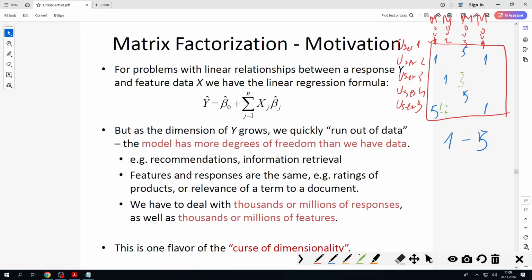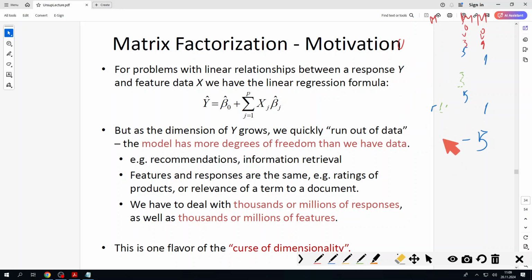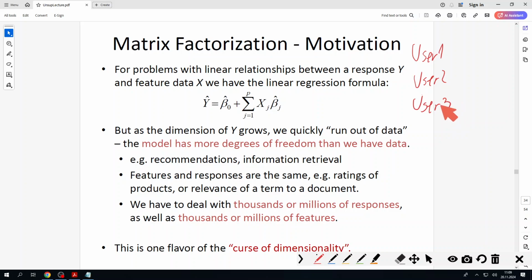Now, this is similar to another kind of problem. So we can represent the same problem in a different way. Let's say now I have a table of user 1, user 2, user 3, and movie 1, movie 2, movie 3.